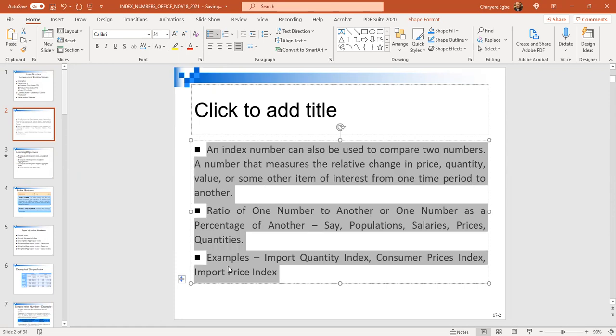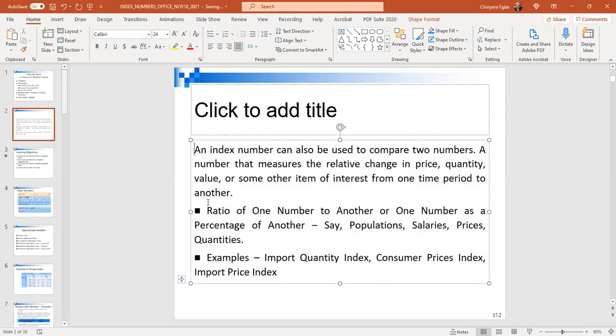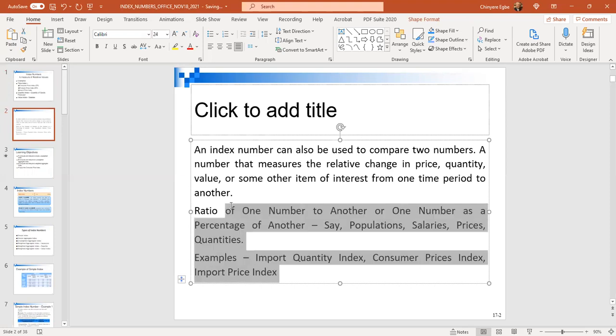So it's a measure of relative values. It's used to compare two numbers as to their relative magnitudes. And essentially, you're dealing with a ratio of one number to another. But then of what importance are those ratios? So index number is not anything particularly heroic.